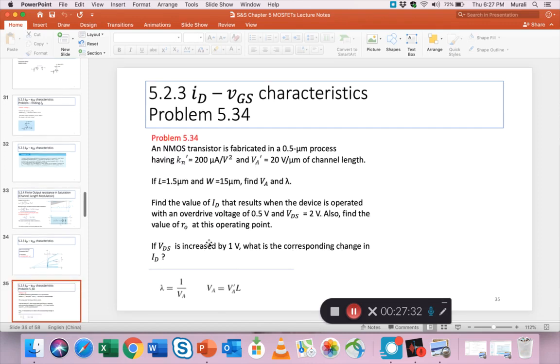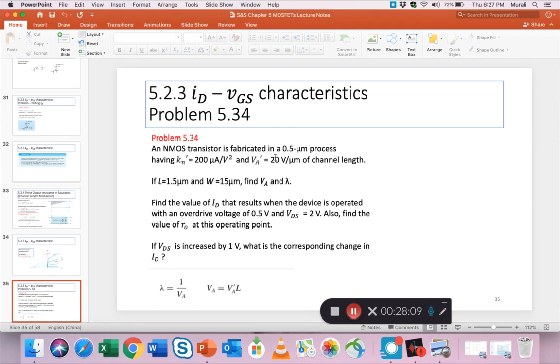Okay, all right. So here's problem 5.34 from the textbook, and here we will address pretty much all that stuff related to channel length modulation in saturation, using the fact that the formulas are modified because of the values given to lambda. It's an NMOS transistor with these values given. I think by now you're used to this.